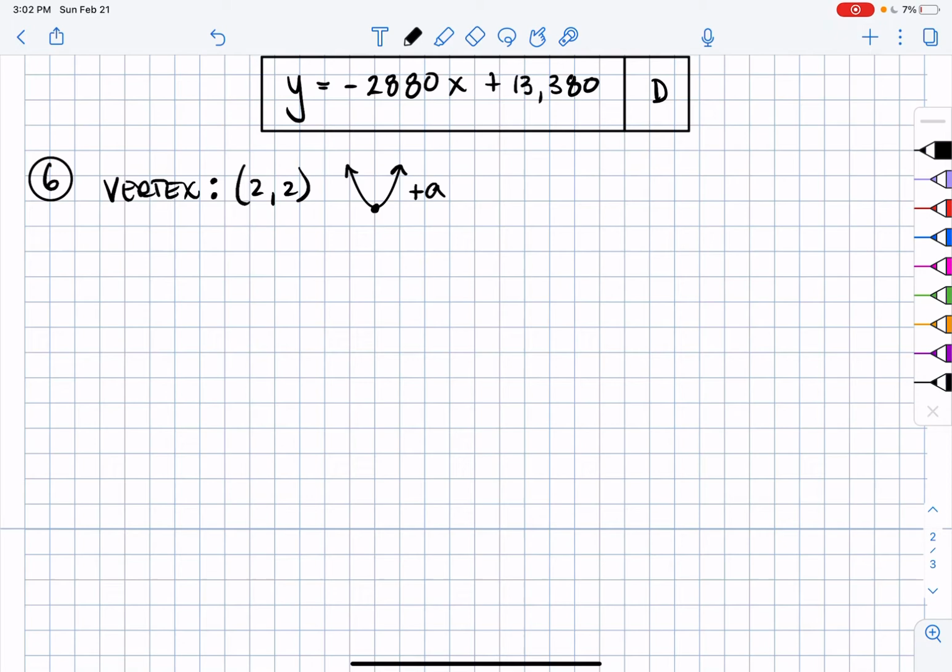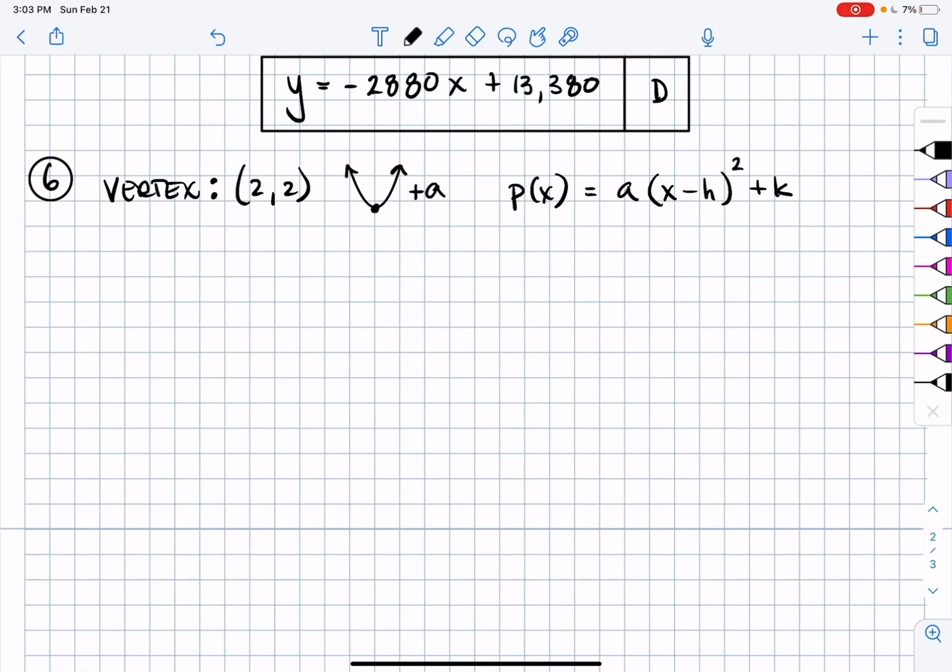I'll call it P of X, because they already use F, G, H, and J in the choices. So I'm just going to call it P of X. That is equal to A times (X minus H) squared plus K. Okay. So I know that A has to be positive.